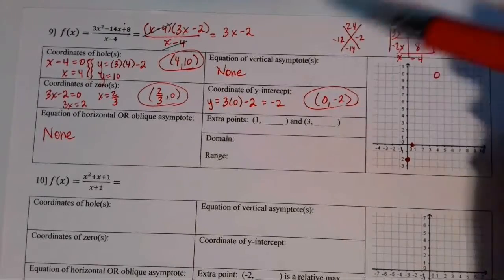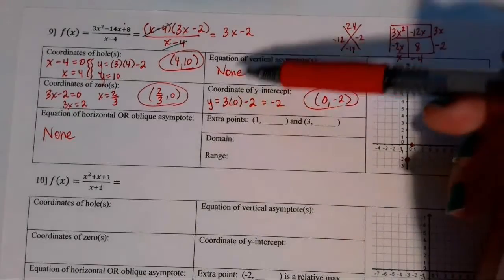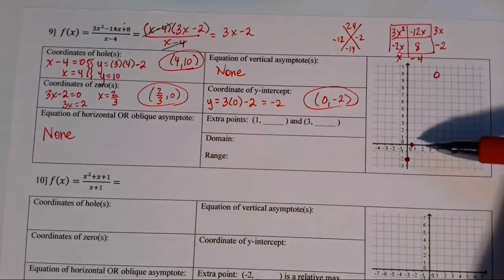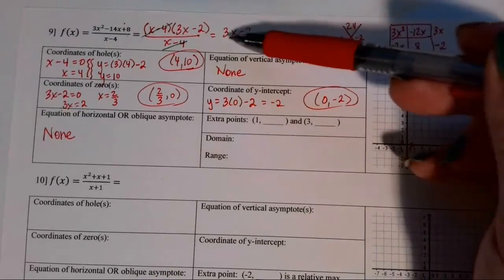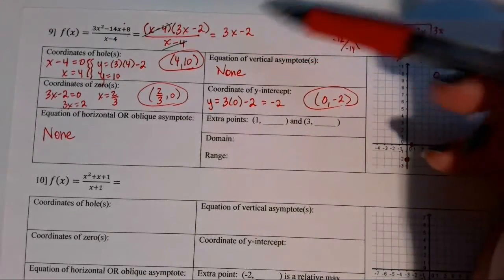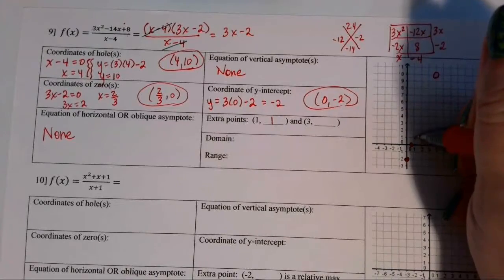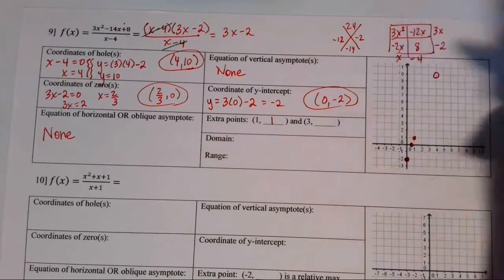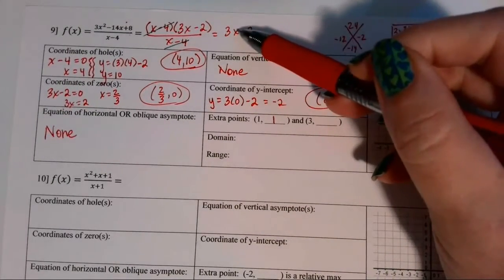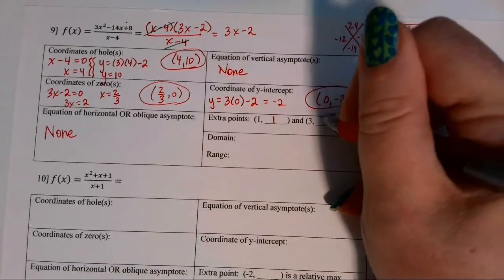And when we go to sketch this graph, we're going to need some extra points. So if we put in a 1 for the x, then 3 times 1 is 3 minus 2 is 1. So the point 1 comma 1 is there. Okay, if I put in 3 for my x, 3 times 3 is 9, minus 2 is 7.